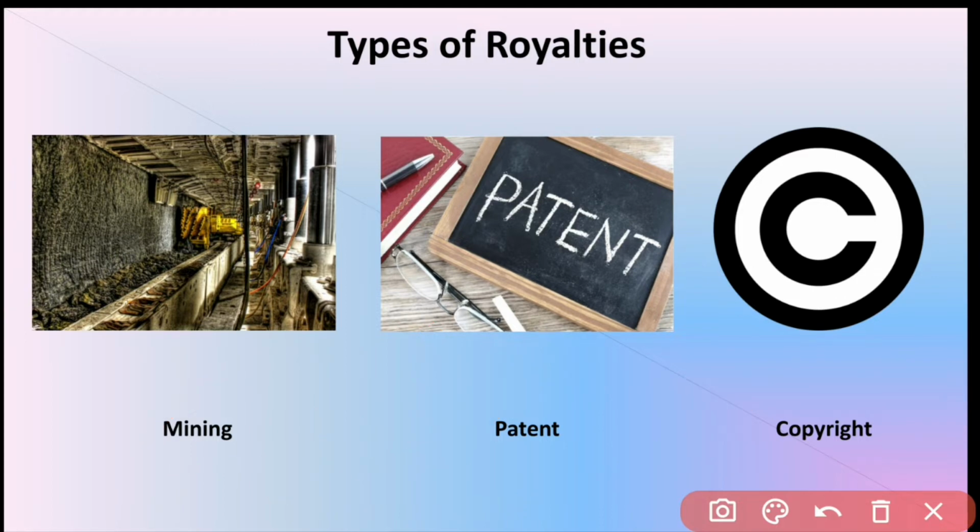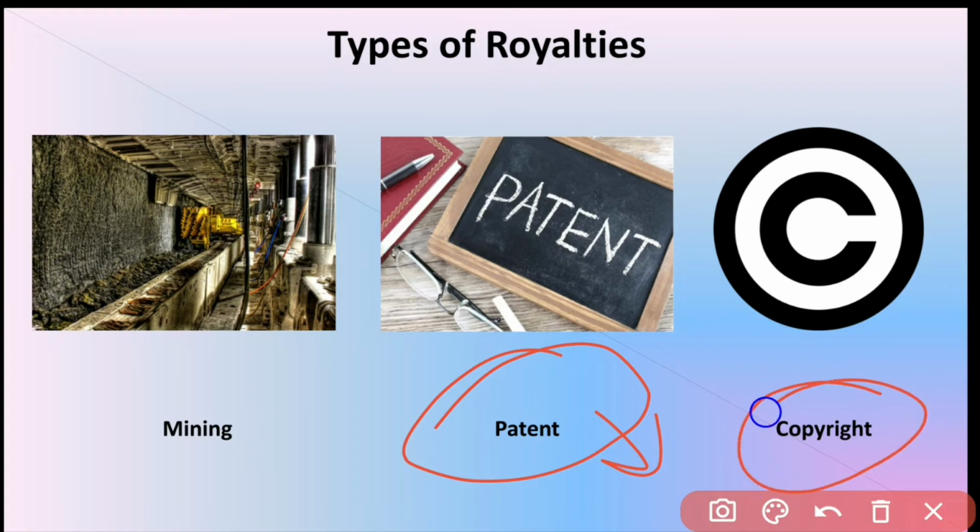And patents are what? If something new is being produced, some new discovery is being made, say in the medicine sector, if a new medicine is being produced, the patent can be given to other companies for producing more of such medicines. So these are the patent rights. Last one is the copyright. Whatever the author writes, this is for the authors, the copyright.